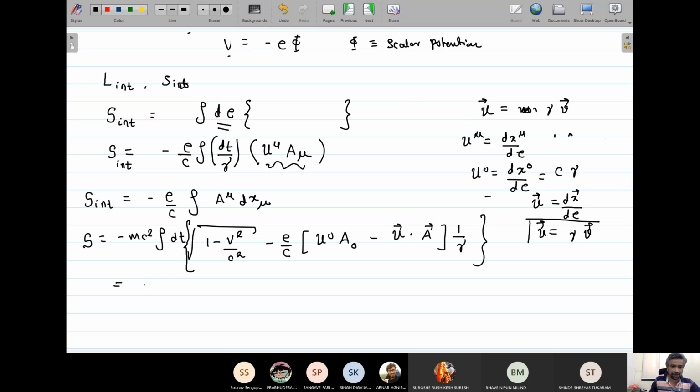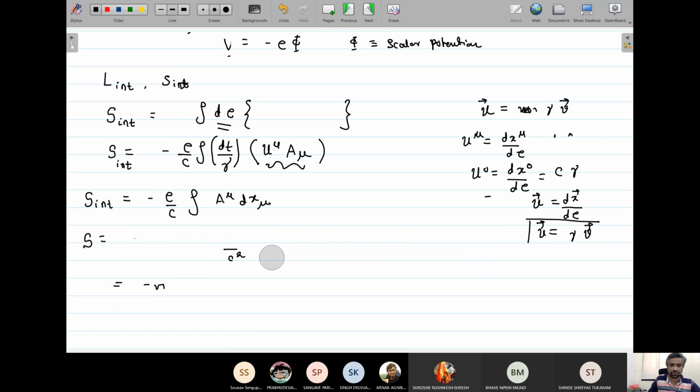Okay, so you'll get minus mc square. I should write it wrongly somehow, I should write it minus mc square attached to the first term. So let me erase it completely. Okay, so let me write S again.